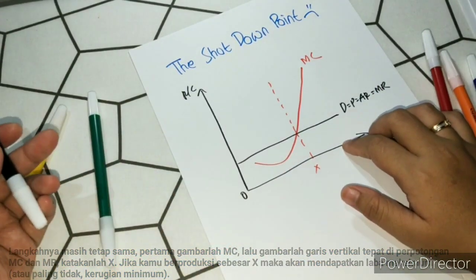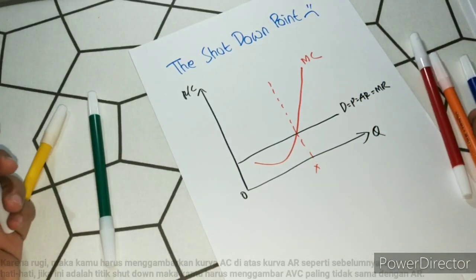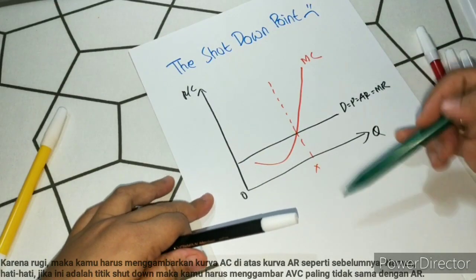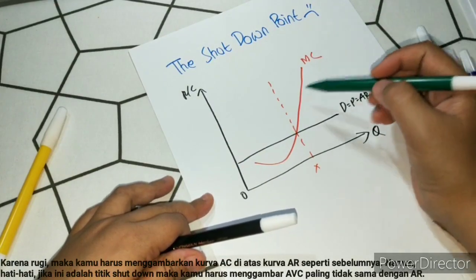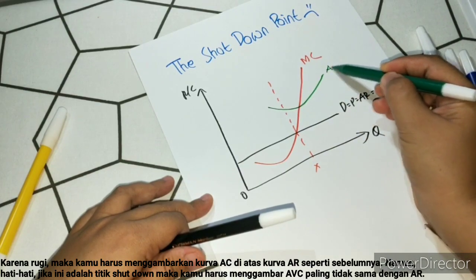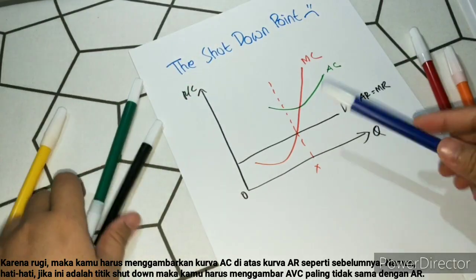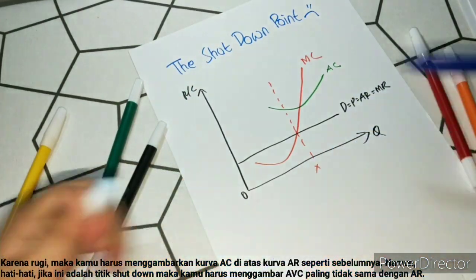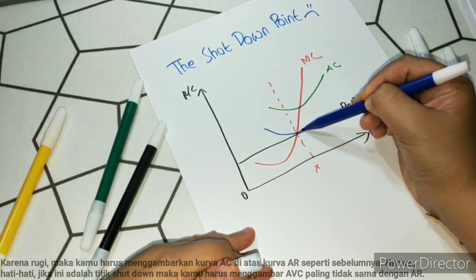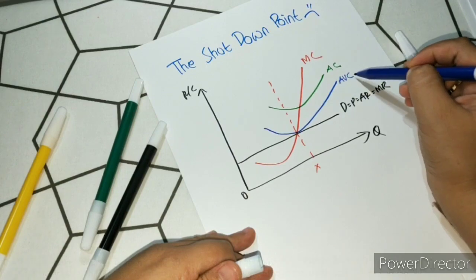Okay, then because this is a loss, you still have to draw your average cost above the average revenue like before. So this is your average cost. So be careful, if this is the shutdown point, your average variable cost has to be at least the same as your average revenue.